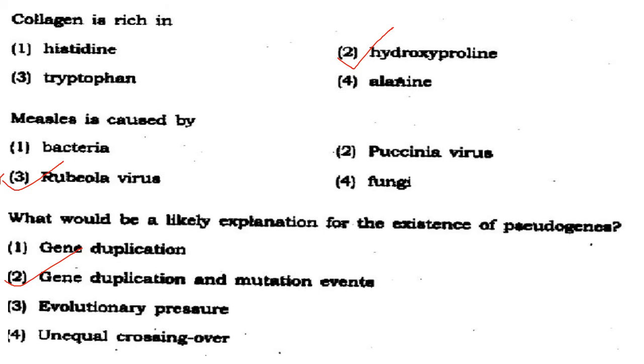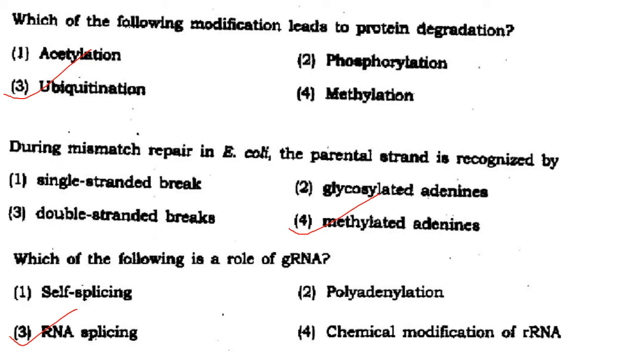Gene duplication and mutation events, evolutionary pressure, unequal crossing over. Answer is gene duplication and mutation. Which of the following modifications leads to protein degradation? Acetylation, phosphorylation, ubiquitination, methylation. Answer is ubiquitination.